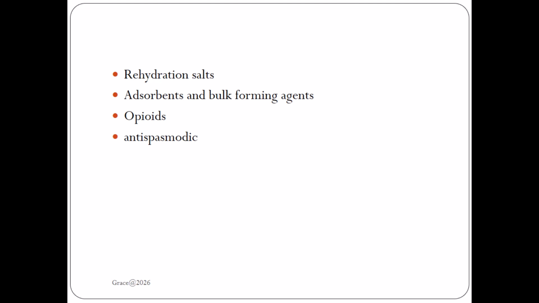Okay, you may need the adsorbents, those that are going to absorb the excess water that is being secreted probably at the colon. The colon is part of the gastrointestinal tract. Then you may also need the spasmolytics, another medication that you would use for management of this specific condition.